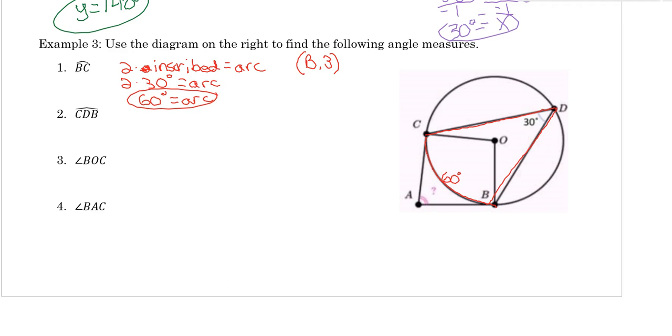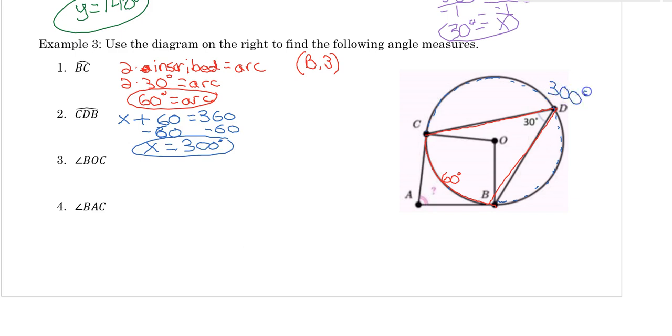Next, arc CDB is going this way. Well, I'll call it X. Plus this 60 is going to give me 360. So I'm going to subtract 60 from both sides. X equals 300 degrees.